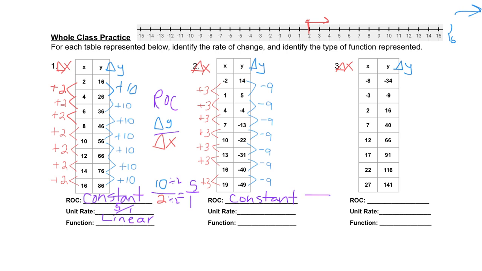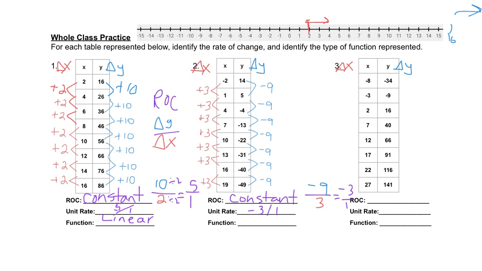And our change in y is -9, and our change in x is 3. These do divide nicely so that we can reduce this fraction to -3 over 1. And that is also our unit rate because our unit rate is always per 1.